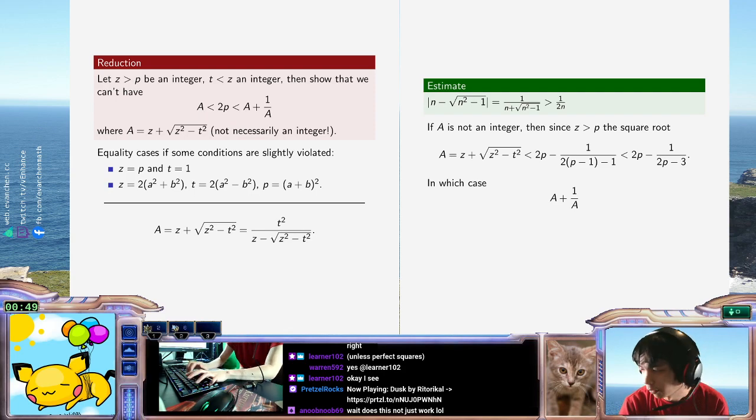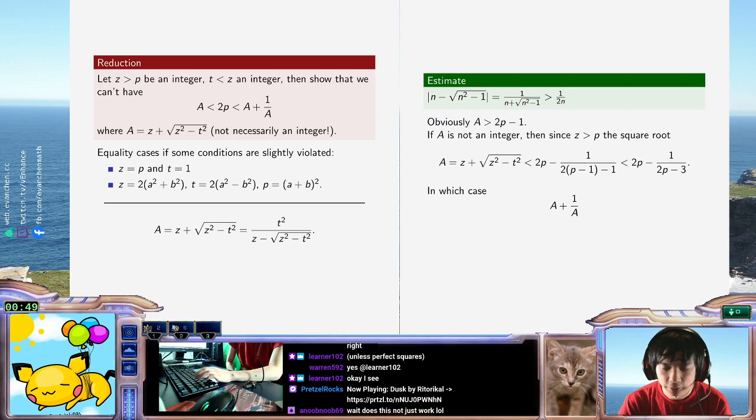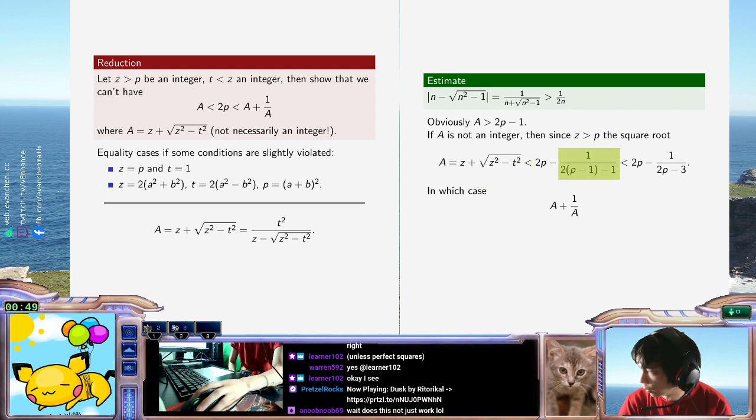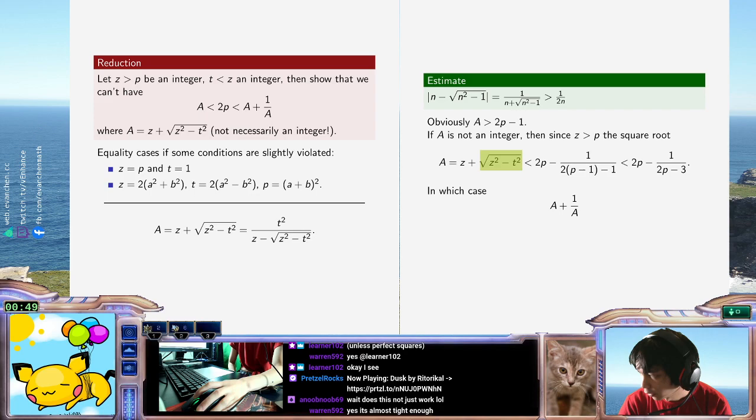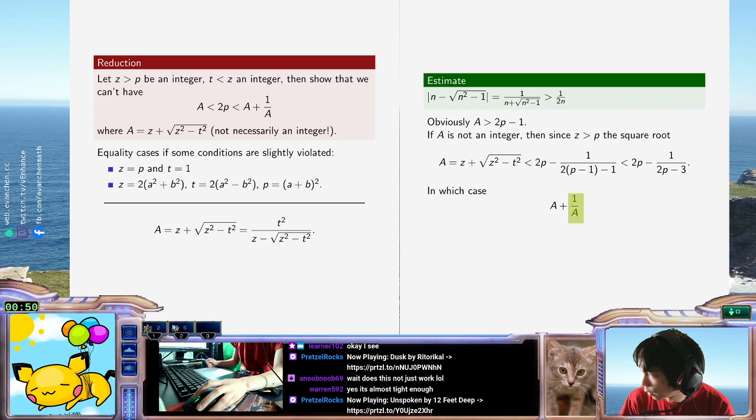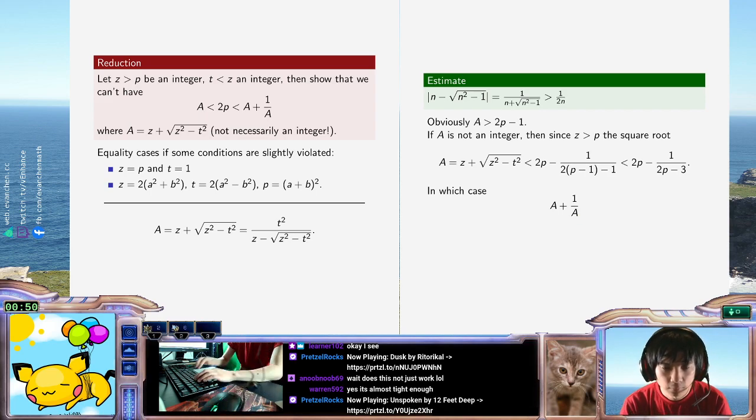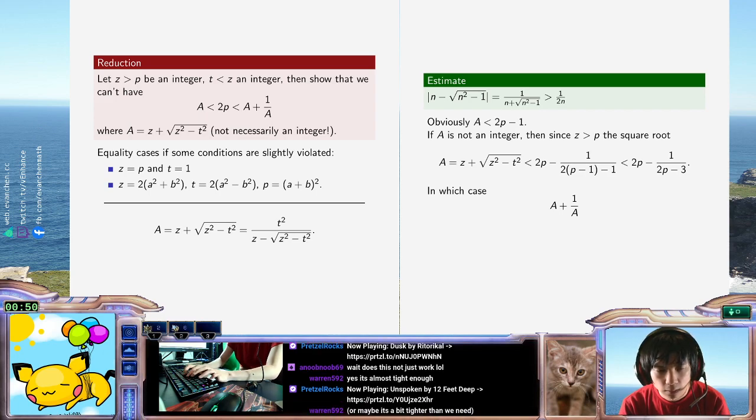So obviously you need a to be greater than p, or else it's never gonna happen. If a is not an integer, then since z is greater than p, the square root is... So you get some distance from the nearest integer, the integer right above it. So it's like 2p minus 3. I think this is good enough.